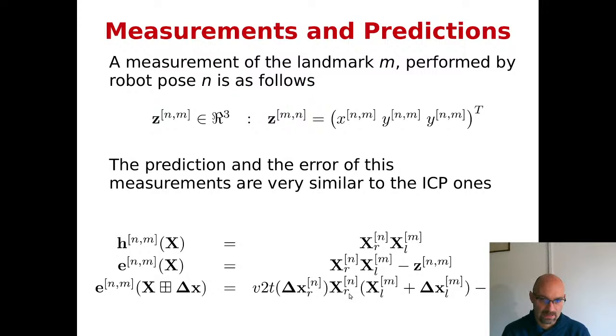Okay, this is the box plus over XR, and this is the box plus over XL. Well, I'm almost done here. I've defined the state, the measurement, the prediction function, and also the measurement function. And everything fits into the least squares machinery on manifolds.